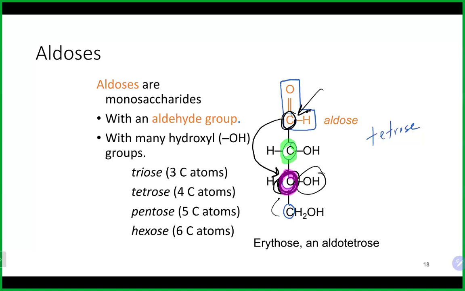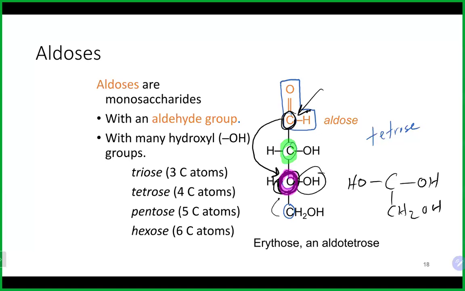Other questions? And to answer your question, what would happen if I threw an OH on that guy here? Would that be L or D? Would that be both? What did I just do by putting the OH on the other side? I just made that carbon achiral, right?